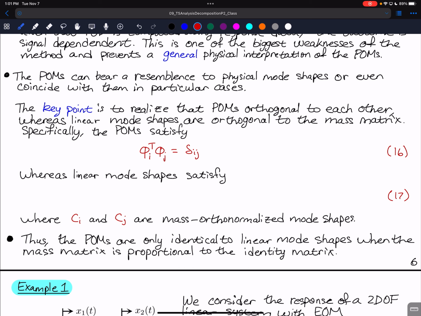Whereas if we consider mode shapes psi_i and psi_j, the condition is that psi_i transpose times the mass matrix M times psi_j is equal to delta_ij, and psi_i transpose times psi_j is not necessarily equal to delta_ij in general.